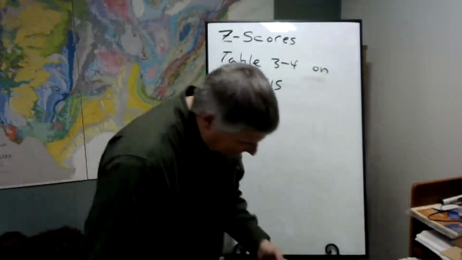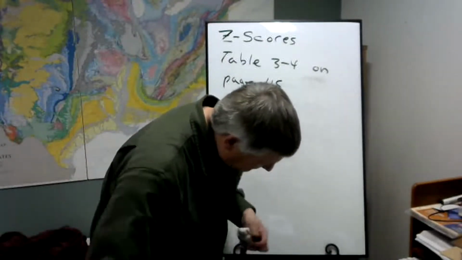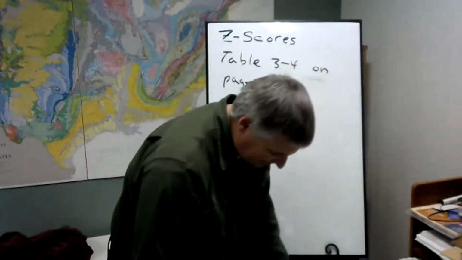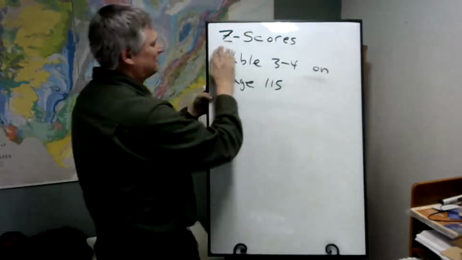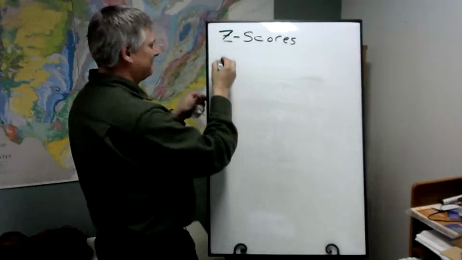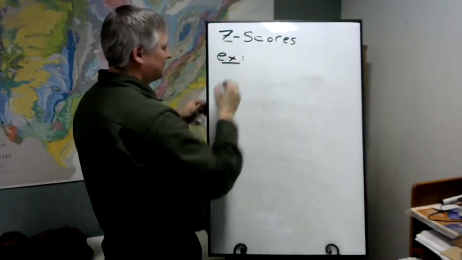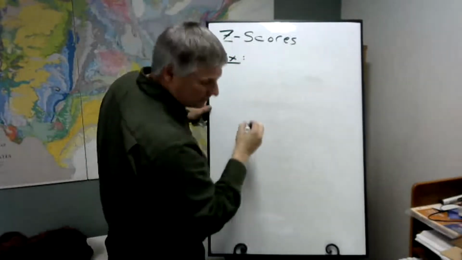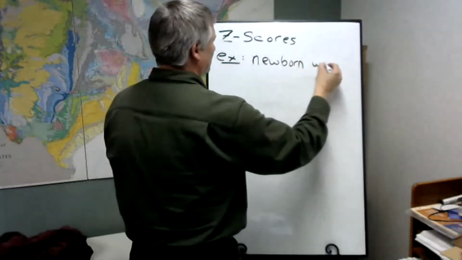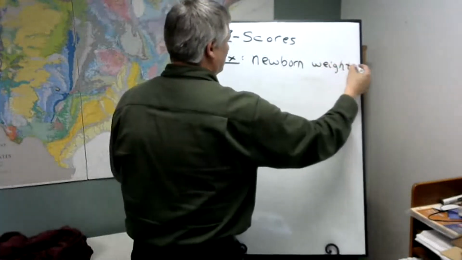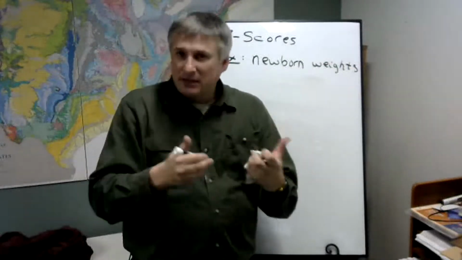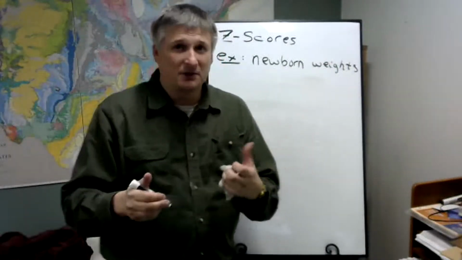All right. Here I'm going to do a slightly different example, so we won't need this data set just yet. Let's say we're looking at newborn weights. We have a bunch of newborn babies, and we need to get a mean weight for them and a standard deviation.